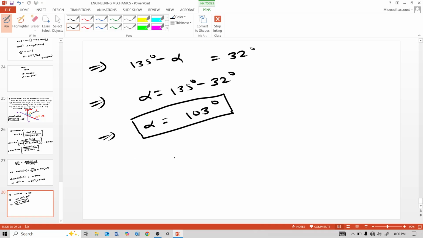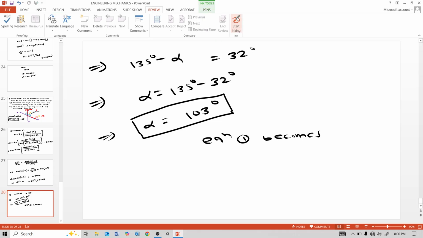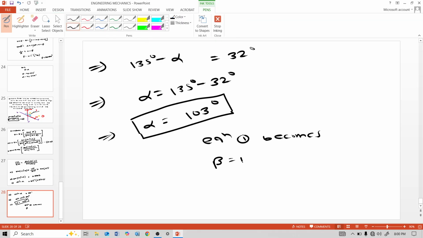Equation 1 becomes beta is equal to 135 degree minus alpha. Here alpha is 103 degree, so 135 degree minus 103 degree is 32 degree.